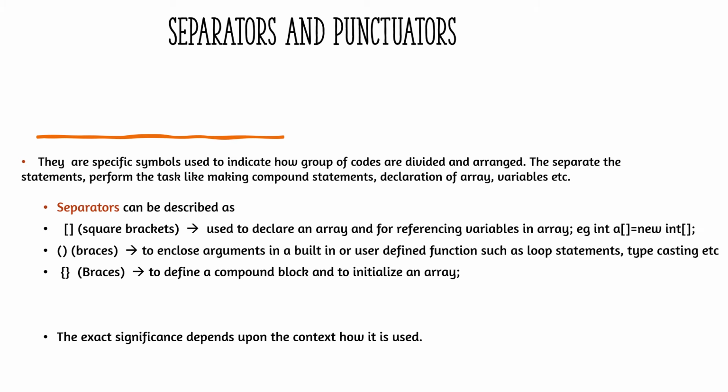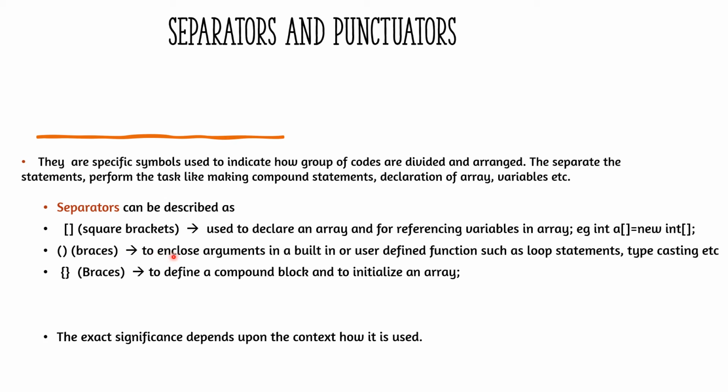The last token is separators, otherwise we can call them punctuators. They are specific symbols used to indicate how the groups of code are divided and arranged. Separators do not perform any particular operation. They just separate the statements, like making the compound statement, declaration of arrays and variables. The square bracket is used to declare an array.